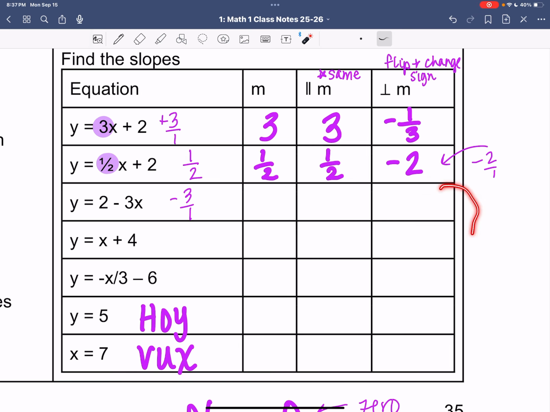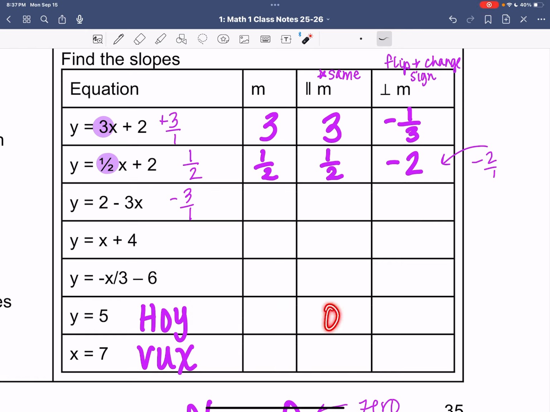All right, I want you to try these. Now remember, we just said horizontal and vertical lines are perpendicular to each other. So when you're thinking of this, if your slope here is y equals 0x plus 5, your slope is actually 0.